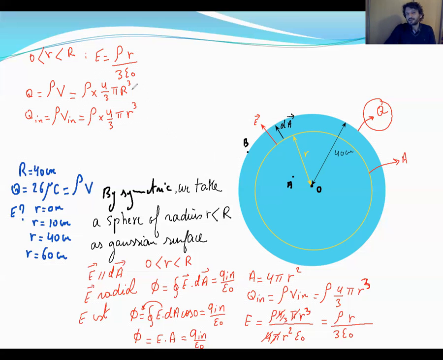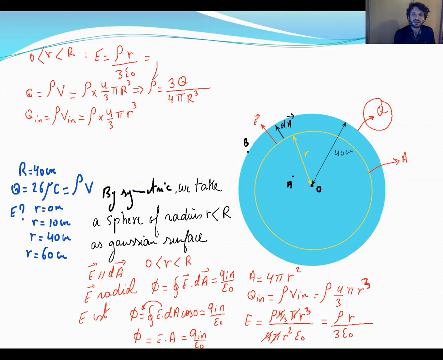So we can keep the equation E equals rho r over 3 epsilon 0, and you can write also, look here, rho equals 3 Q over 4 pi R cube.